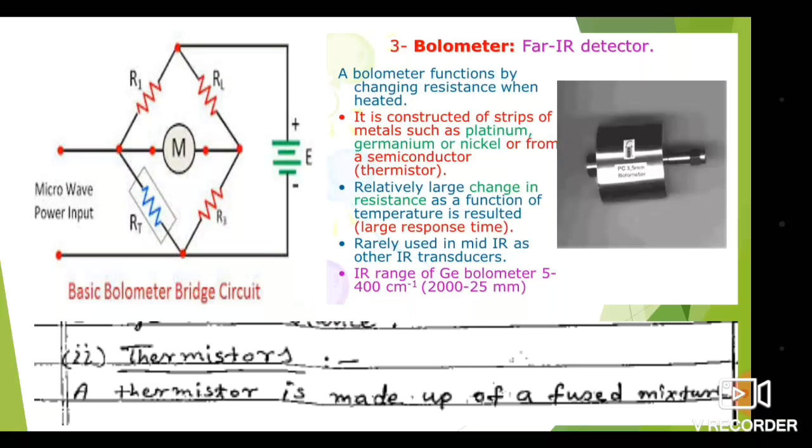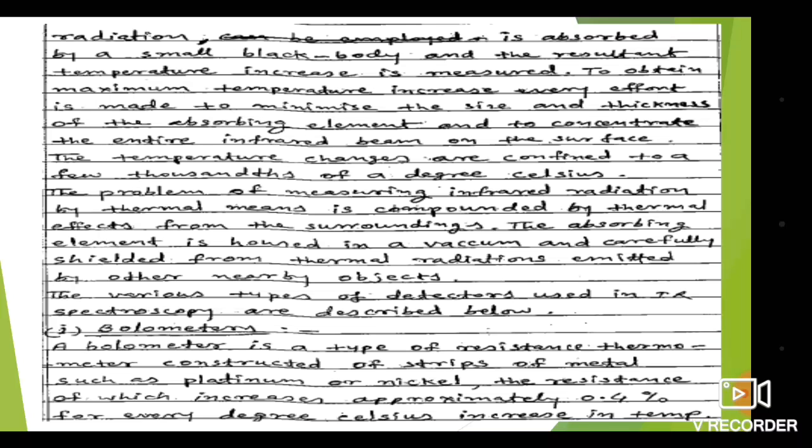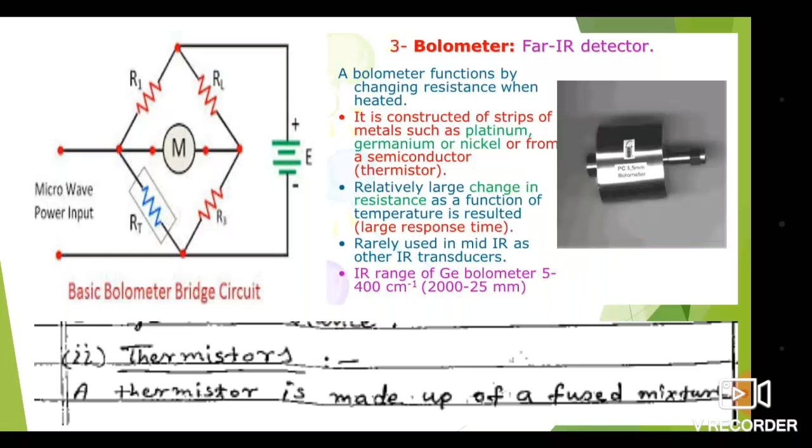A bolometer functions by changing resistance when heated. With a change in temperature, an increase in resistance of about 0.4% takes place.